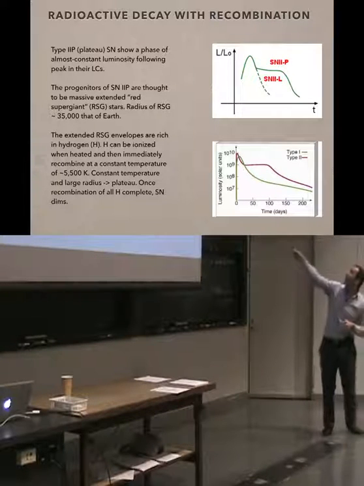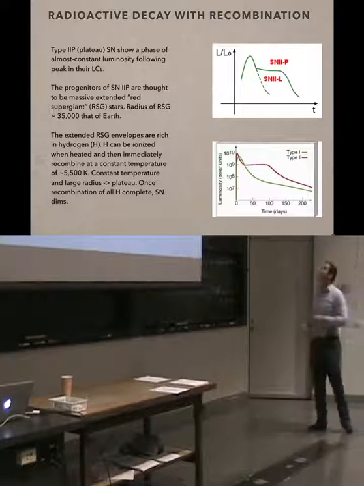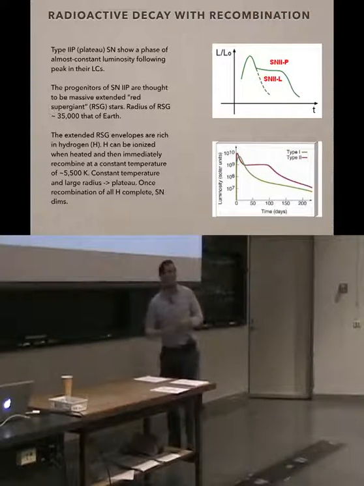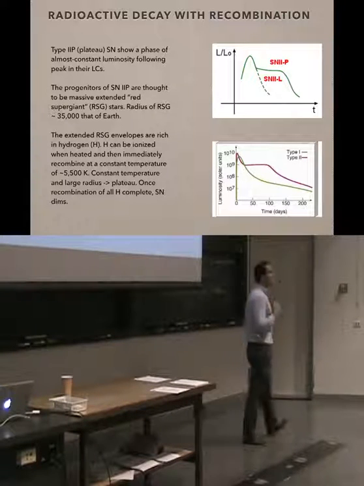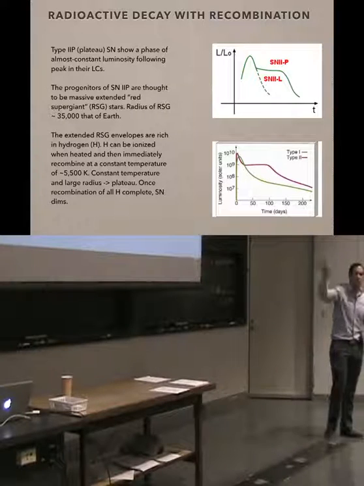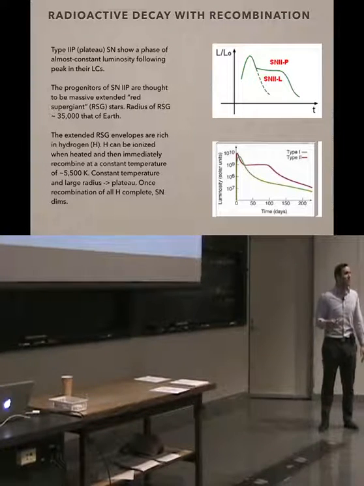So as long as you're in this plateau stage, the reason you maintain your luminosity almost constant is because you haven't yet reached that threshold. You still have really hot material, which means all atoms are ionized, electrons are free from atoms, and that keeps the temperature more or less constant, and the opacity.